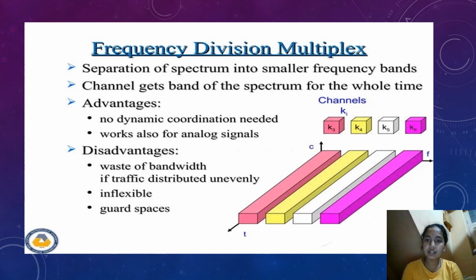Each channel gets a band of the spectrum for all the time. Advantages: no dynamic coordination is needed, and it works for analog signals also. Disadvantages: waste of bandwidth if traffic is distributed unevenly, it is inflexible, and it needs guard spaces.